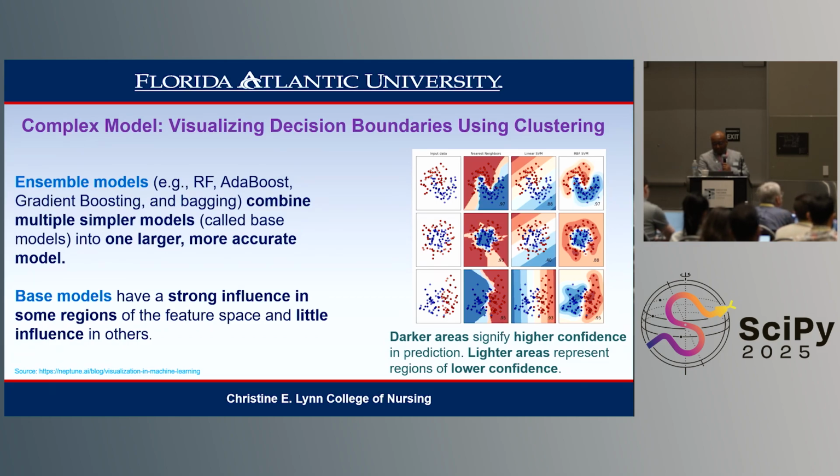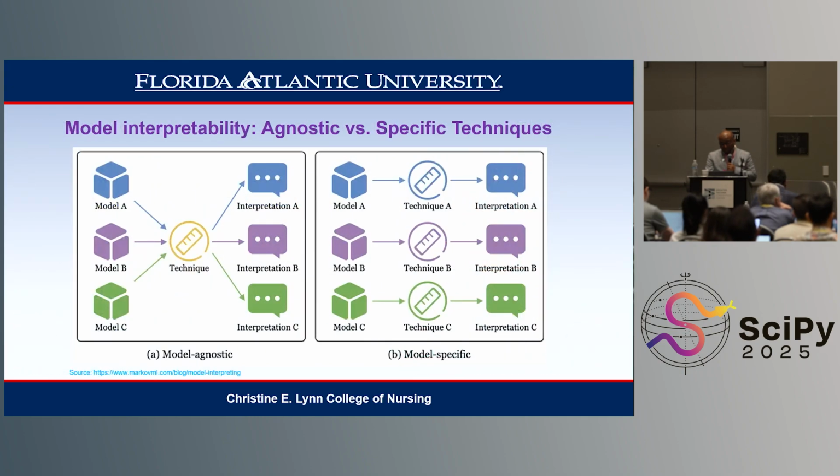However, there might also be a base model that never contributes significantly to the ensemble output. So identifying a base model with particularly low or high weight can also help. A high weight means it is important, and a low weight means it is less important. Different colors show different areas: darker areas mean higher confidence in prediction, and lighter areas represent lower confidence. These are different logics you can use. These are all glass box phenomena, so you do not need to do anything.